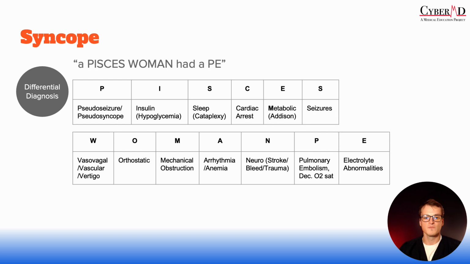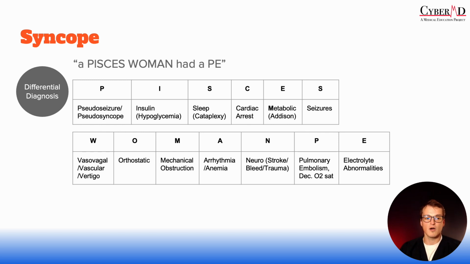For orthostatics, we talked about this a lot, and that's syncope occurring due to that sudden drop in blood pressure, typically when they go from lying down or sitting up to standing. That's going to be managed with hydration, slow positional changes, changes to medications, or other underlying things such as autonomic dysfunction. We talked about mechanical obstruction, so that's on our differential diagnosis.